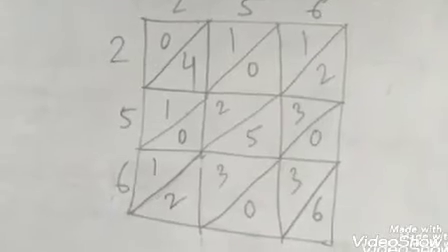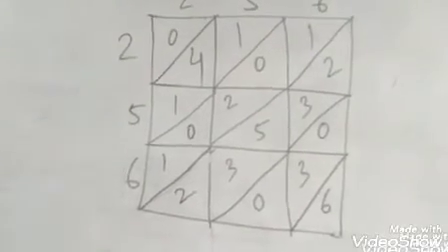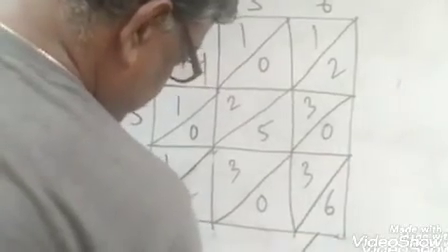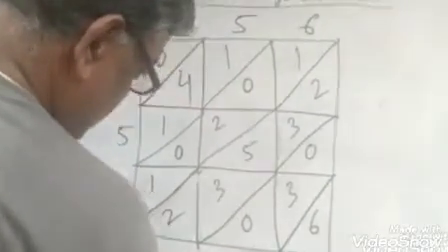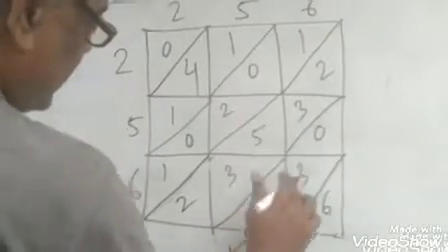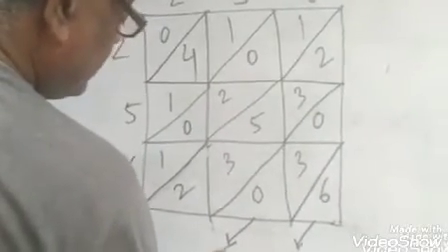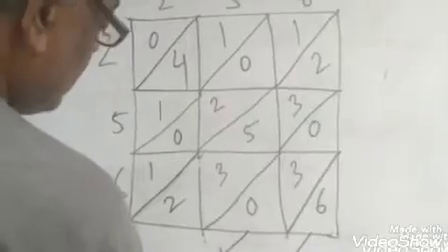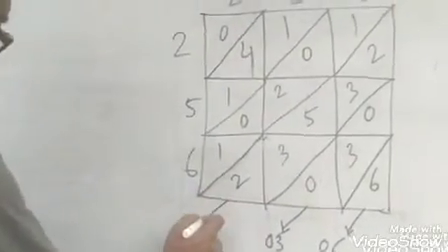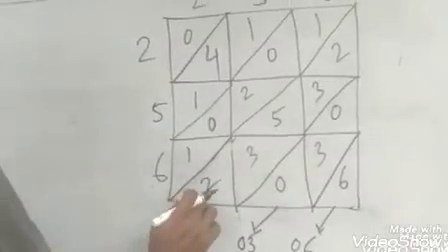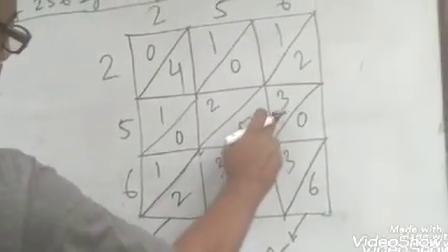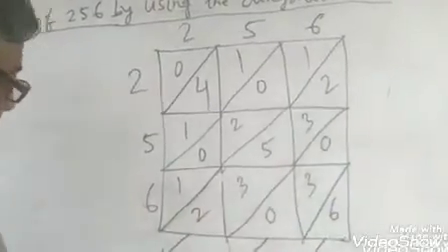Now starting below the lowest diagonal, sum of digits diagonally. 6. Next 0 plus 3 plus 3, 6... sorry, the tens digit number is 0. Next, 2 plus 3, 5, 10 plus 3, 13 plus 2, 15.